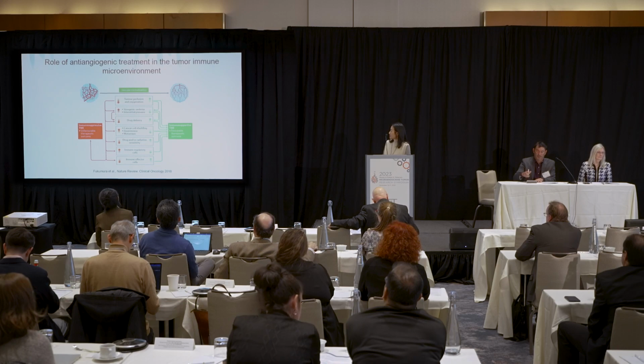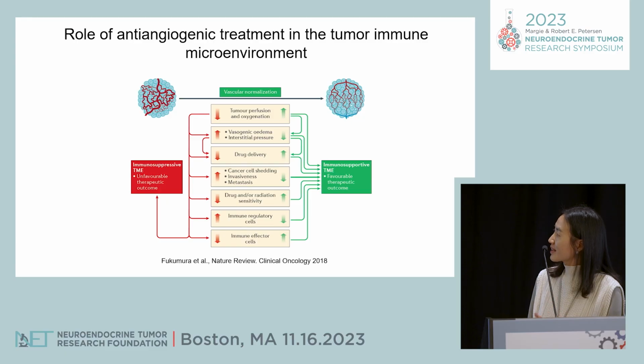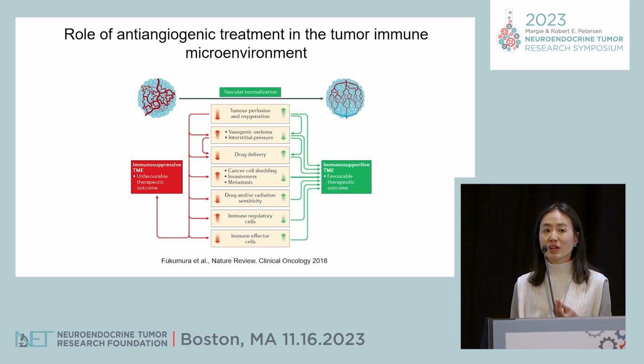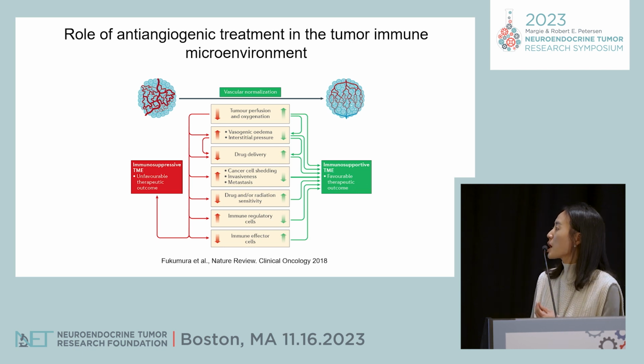Okay. So previous studies have shown that anti-angiogenic treatment not only causes selective regression of immature blood vessels, but also improves vascular integrity and function, which increase vascular perfusion and consequent drug delivery to the tumors.